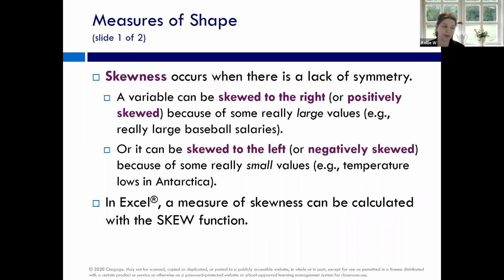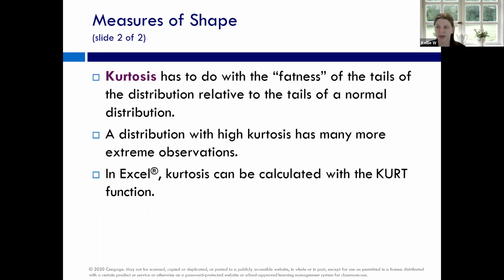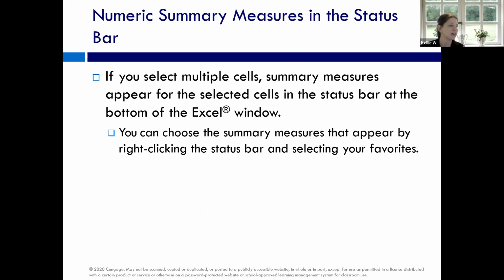So we call that skewed right. If we had a data set with some really, really unusually low values, like temperatures in Antarctica, and it pulls our average to the left more than it should, we call that skewed left. And we can calculate skew, but unless you're a statistician, that calculation won't mean much to you. Not even going to get into kurtosis.